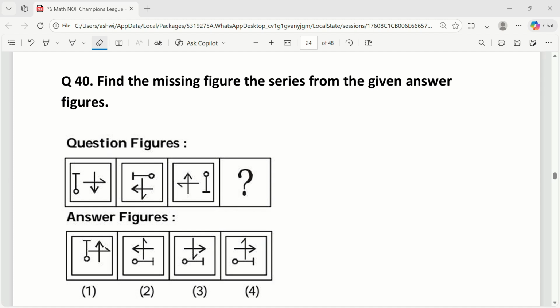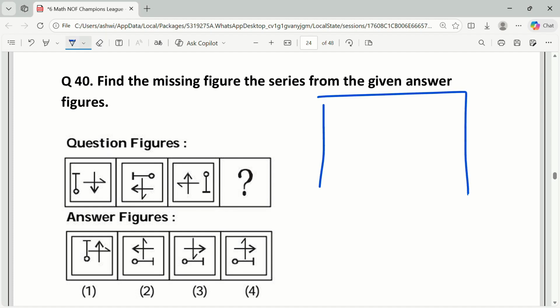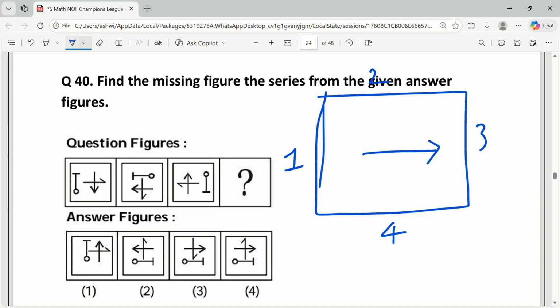Find the missing figure in the series from the given answer figures. Drawing out the answer figure and comparing with the answer figures, let's name the sides 1, 2, 3, 4. We can see the middle arrow is first pointing towards 4, 3, 4, 1, 2, and now we'll be pointing at side 3.